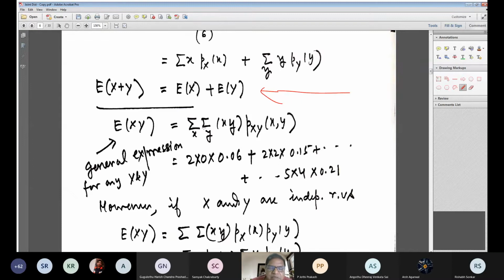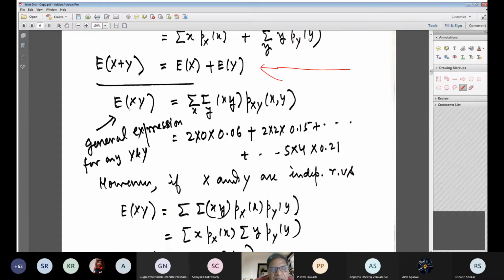This is the general expression for computing the expected value of xy. However, this expression can be simplified in case x and y are independent. The previous result, the expected value of x plus y is E of x plus E of y, is true for all cases. But in the case of multiplication, this is the only way you can compute the expected value of xy in general.